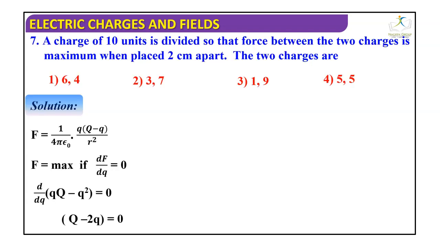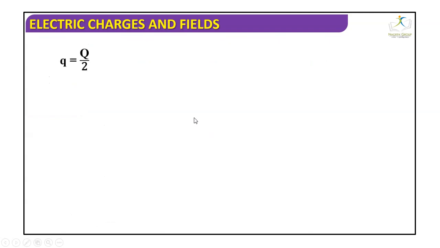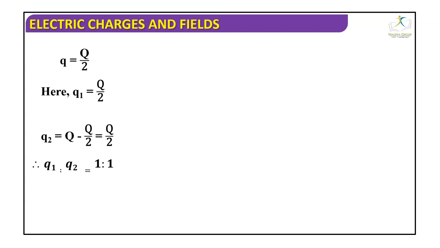And the result is Q minus 2Q is equal to 0. After solving, we get Q is equal to Q by 2. Here Q1 is equal to Q by 2 and Q2 is equal to Q minus Q by 2. That means Q1 ratio Q2 is equal to 1 ratio 1. That means the correct option is 4.